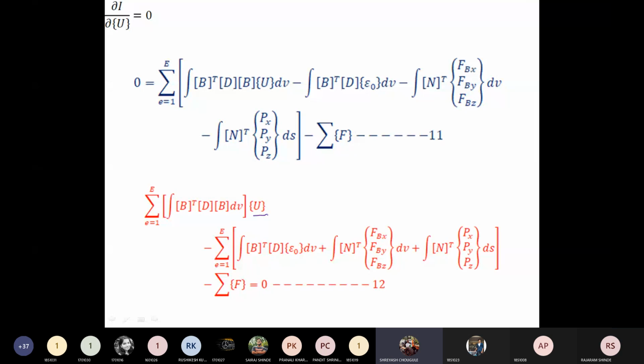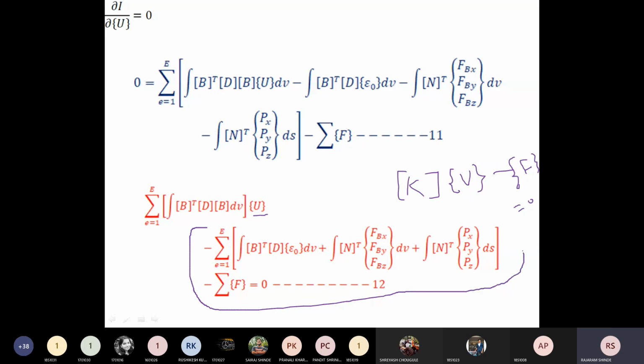No, sir, no doubt. Okay, now what I will do, I will compare this equation with k into u minus f equal to 0, or you can write k into u is equal to f, because these terms you see here are negative terms.